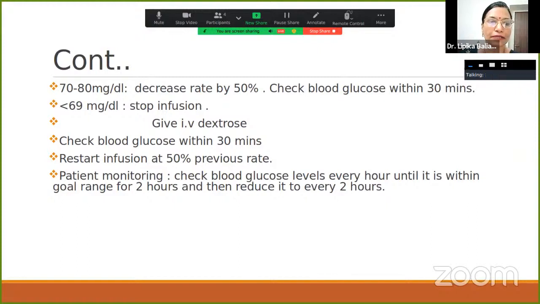Patient monitoring is a must: keep checking blood glucose level every hour until it is within the goal range for 2 hours, and then gradually reduce it to every 2 hours. After delivery there is an immediate precipitous fall in the requirement of insulin in the mother, so they go into hypoglycemia very fast. That point has to be kept in mind.